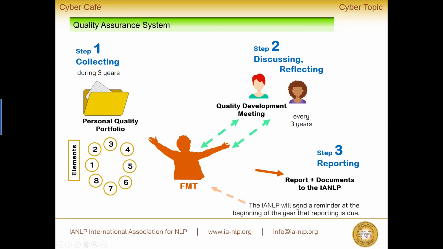The IANLP will send out a reminder about 1 year ahead of the time when you do have to run your quality development meeting. So I think in January and February of the year, you will get an email telling you, oh, it's your year now, get ready, so you can organize your meeting and you can organize the reporting and the documents to be sent to the IANLP.